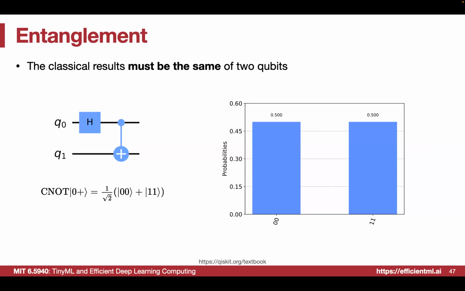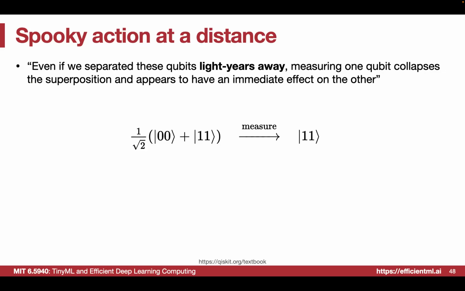So what is the implication of that? That is called spooky action at a distance. Say we created these entangled qubits here, and then one of you can bring one to the other side of the galaxy, right?